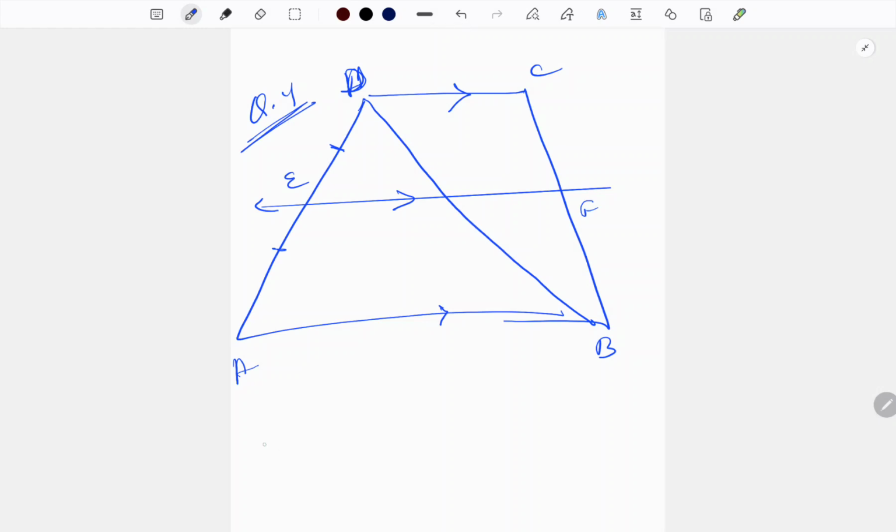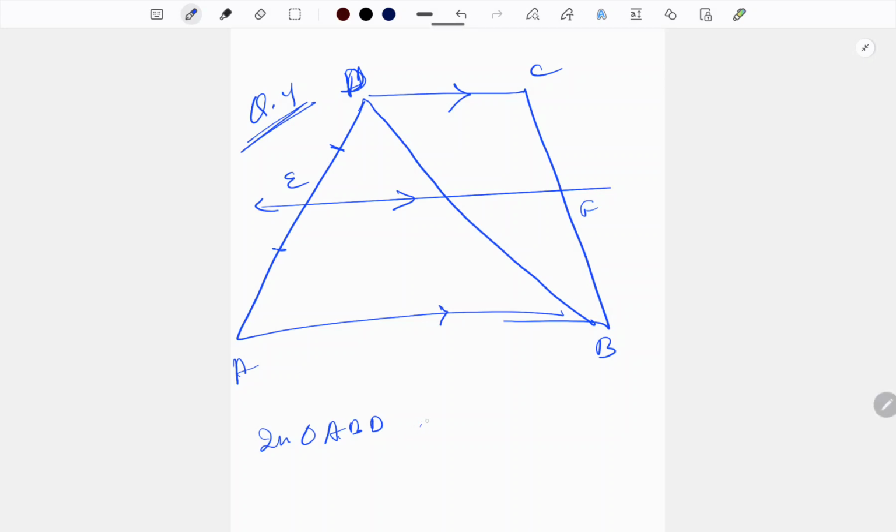Now we have to show that F is the midpoint of BC. This question is already part of an example, but again we can recall it. In triangle ABD, there is a property that if a line is drawn parallel to the third side and through the midpoint of one side, then the point at which it intersects the second side will be the midpoint.